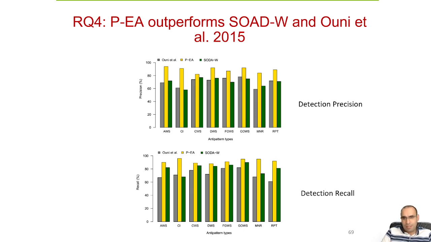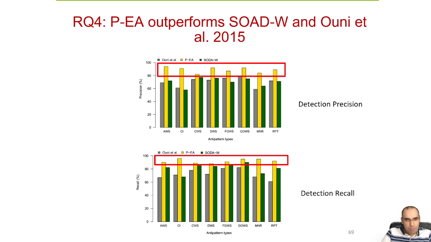And as for the last research question, we also investigated the performance of our approach as compared to two other state-of-the-art approaches, and our approach, which appears in the yellow color, is better than both state-of-the-art approaches in all the anti-pattern types that we considered, which is actually an interesting finding.